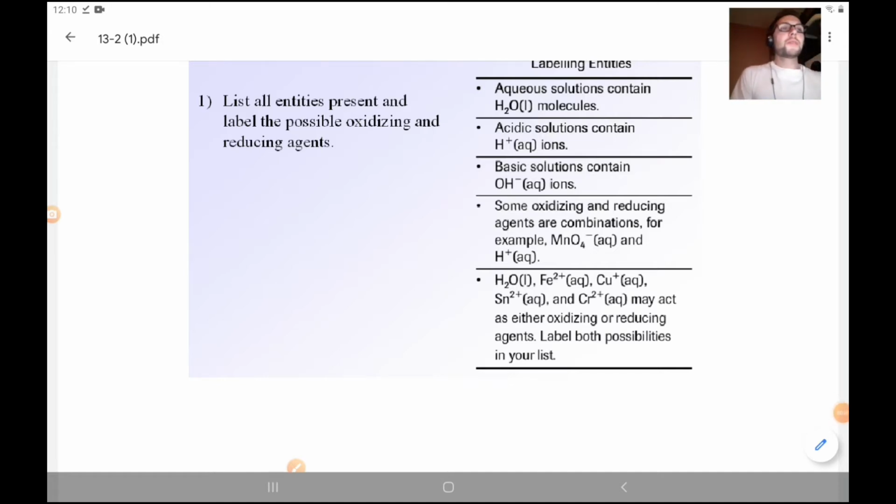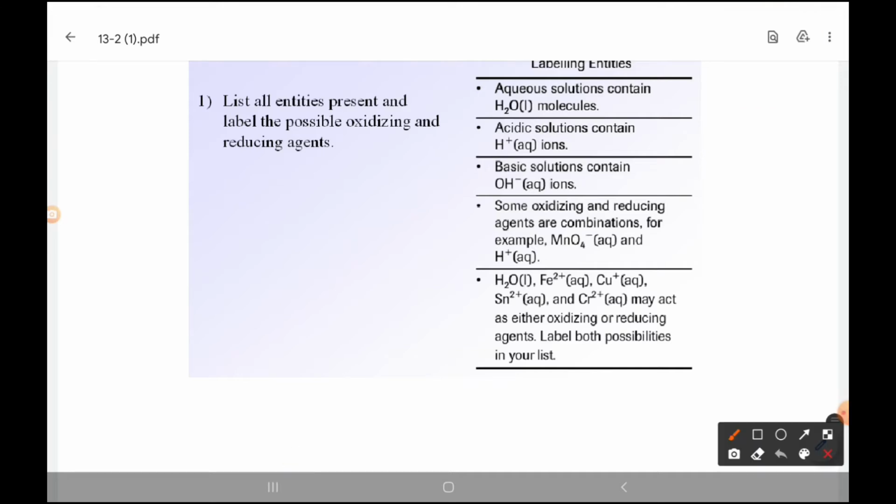Okay, so we're going to commence again with just writing redox reactions and showing how they form. What I've got here is a little chart that serves as a good reminder for when we're writing these, and a revision of some of the rules that we were talking about before, which is remember that anytime you see aqueous solutions, you're going to include water molecules when you're listing all your ions.